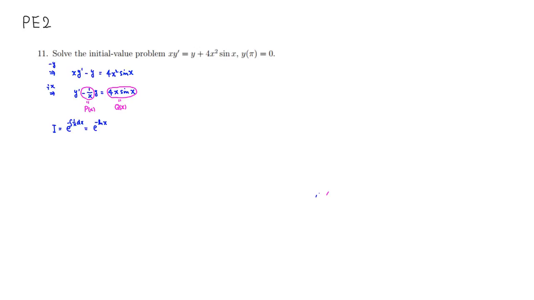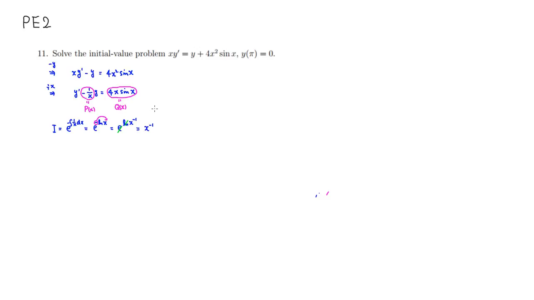One thing we can do is put this negative sign up here, so raise it to the negative 1 power. So this is e to the natural log of x to the negative 1. Since we are composing the exponential function and the natural log function, they are inverses of each other, so they cancel each other out. So the integrating factor is x to the negative 1.